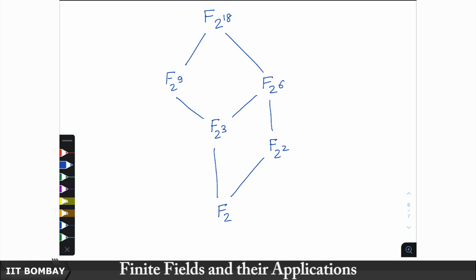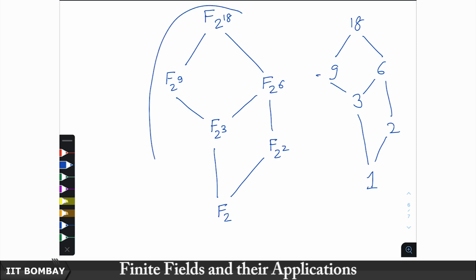So, this subfield structure can be drawn this way. Basically what we are drawing is a parallel version of the factorization, that is 18 has factors 9 and 6, 6 has factor 2, and 3 is a common factor of 6 and 9, and 1 is a common factor of 2 and 3. So, you just write F 2 power 18, F 2 power 9 here and so on, we get this diagram.